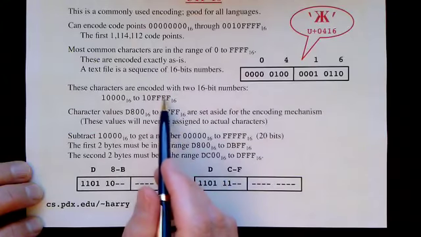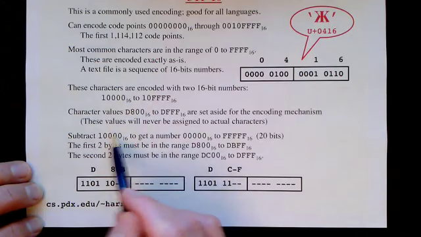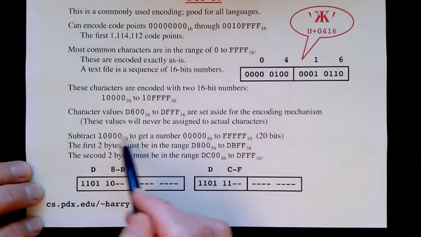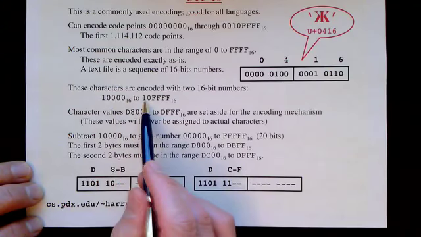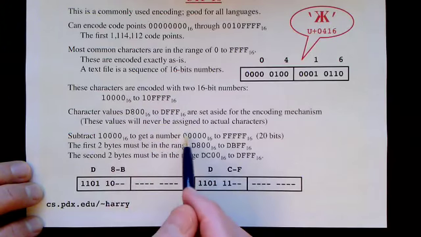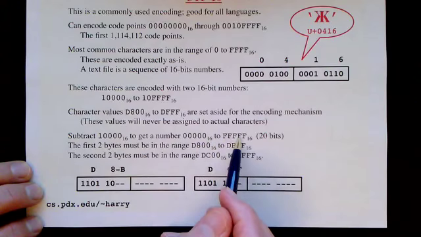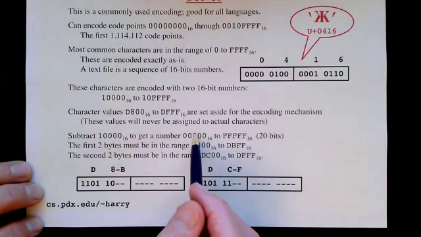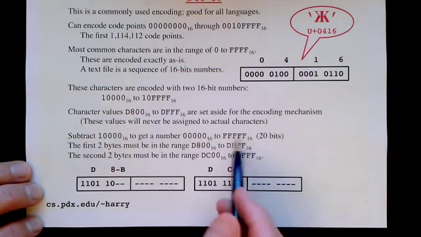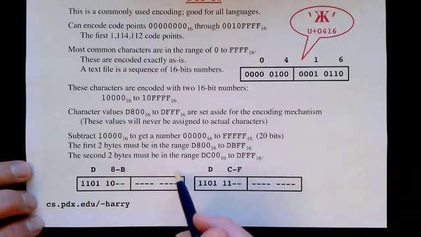And we immediately begin, if we have a number to encode, by subtracting off 10000. So whatever number we have to encode, we subtract this, and that adjusts this range to 00000 to FFFFF. That is, in other words, a 20-bit number. 5 hex characters times 4 each, a 20-bit number. And so we have room in this encoding for 20 bits.